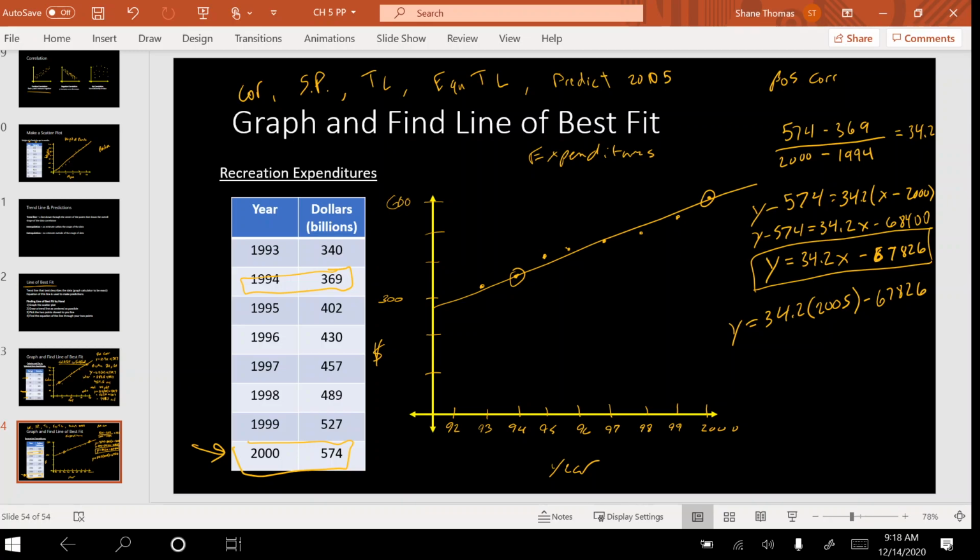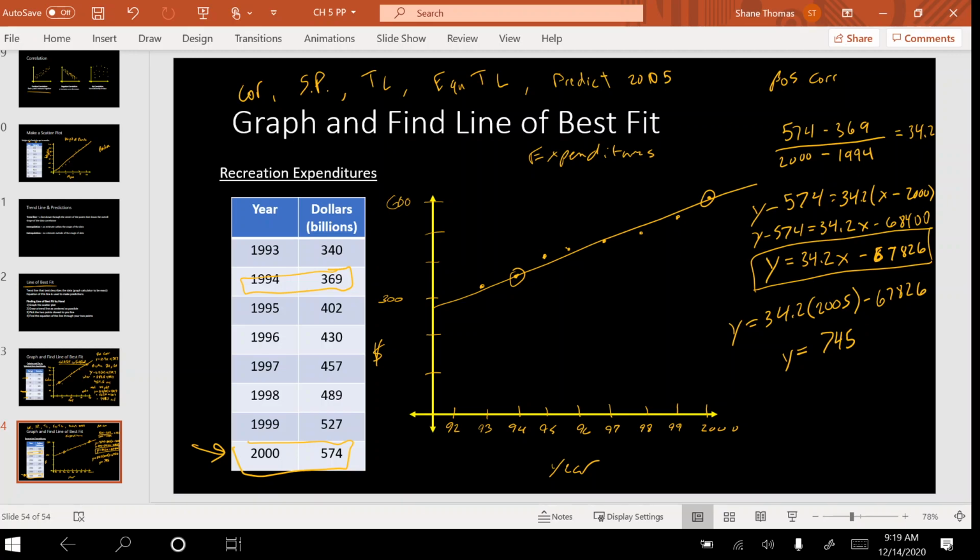You just gave them all to me. 34.2 times 2005, minus 67826. 745. So 745 billion dollars is what we expect.